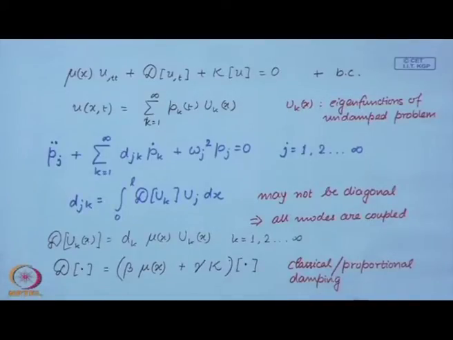So, we say that a system is classically or proportionally damped when the damping is a linear combination of the inertia and the stiffness operators.